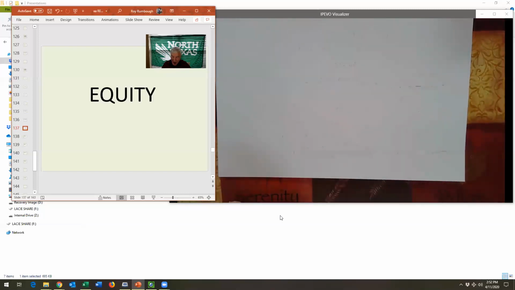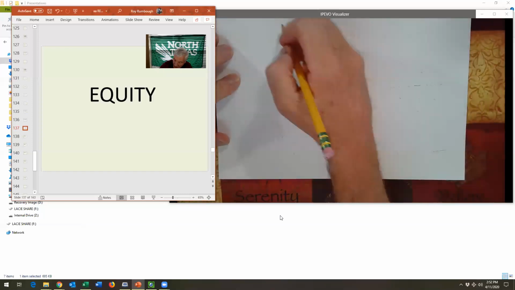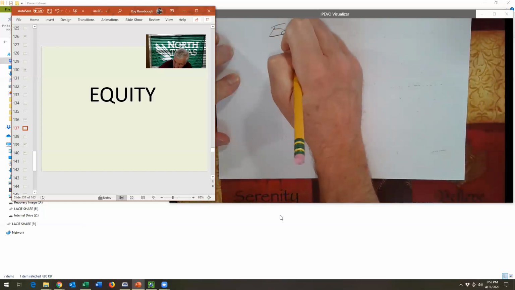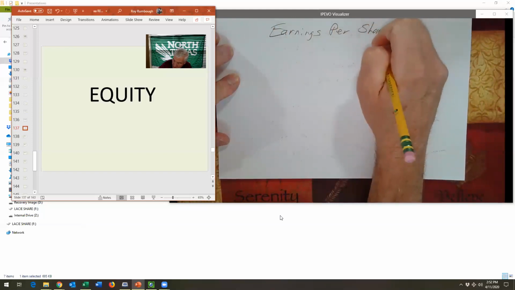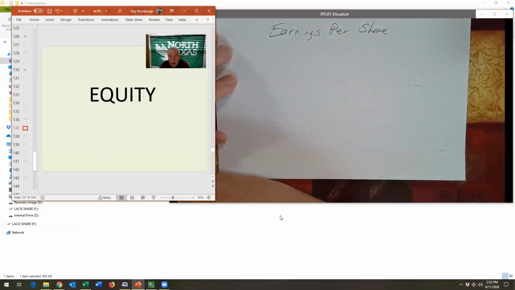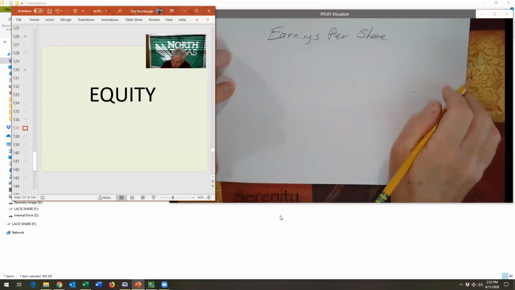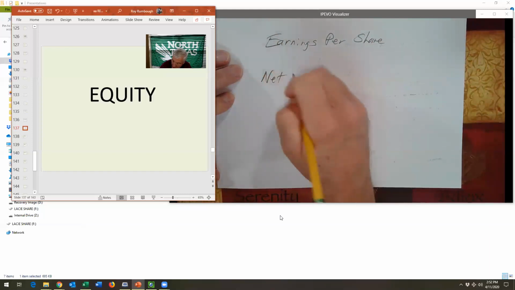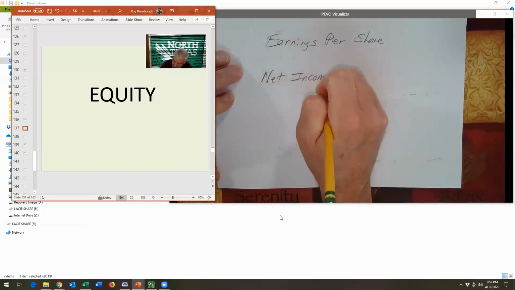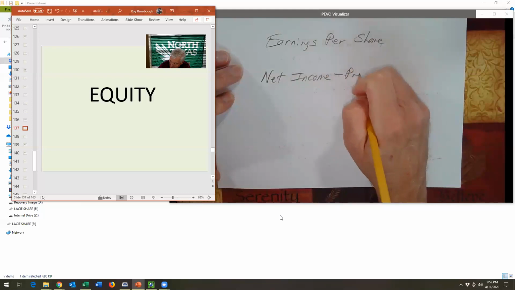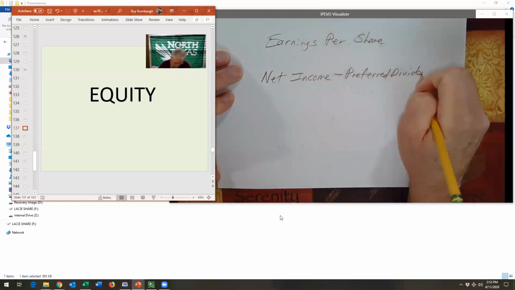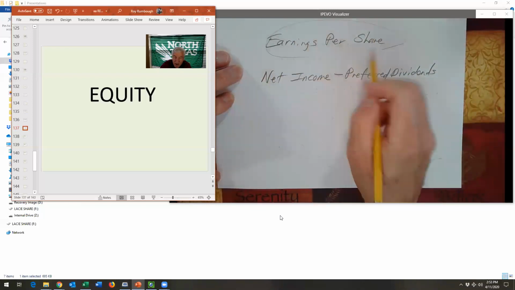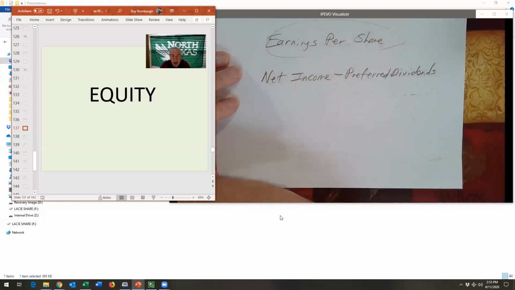Now, there's one other thing that I want you to know, and that is earnings per share. This is an important profitability measure. The definition of earnings per share is net income minus preferred dividends, because when we talk about earnings per share, we're only talking about it related to the common stockholders.